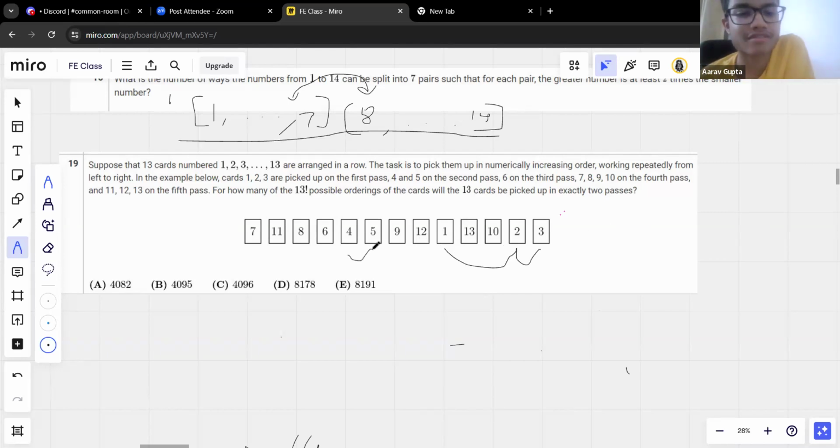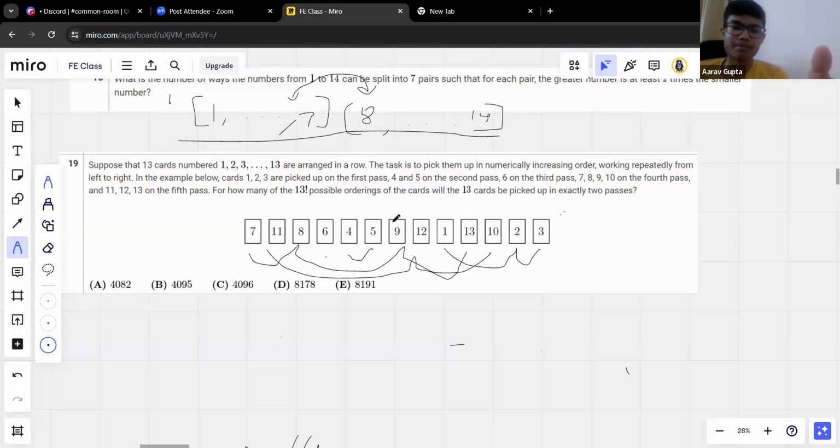You can also pick up 4 and 5. 6 is not present with any other number, and 7, 8, 9, 10 are present here, and 11, 12, 13. So you can pick these up in 5 moves. You can pick up any ascending subsequence of cards, just pick some cards which are in ascending order from left to right. Now you understood the question.